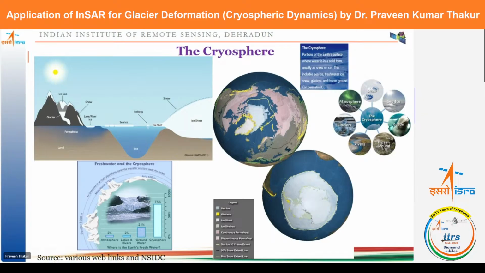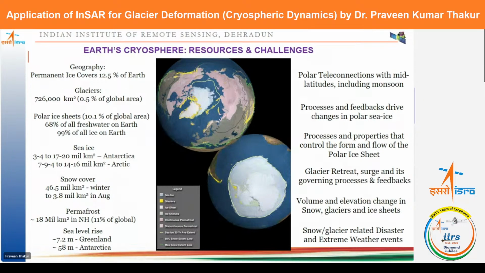From the global perspective, the cryosphere covers 12.5% of planet Earth, with the glaciers covering 0.5% of the global area, and polar ice sheets covering 10% and providing almost 70% of the Earth's fresh water. Out of this, the polar ice sheet component is 99% of the Earth's ice.